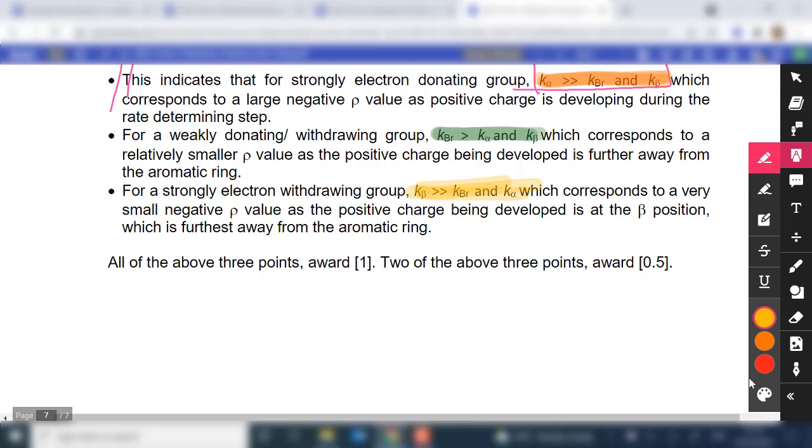Okay, because in that case, the withdrawing nature of the electron withdrawing group will not be able to affect the stability of the carbocation, or rather will not cause it to be destabilized as much as if it were a cyclic bromonium, or if the carbocation were in the alpha position. Okay, yep.